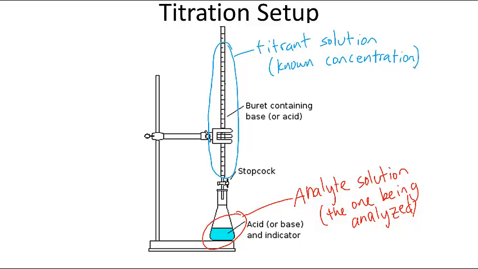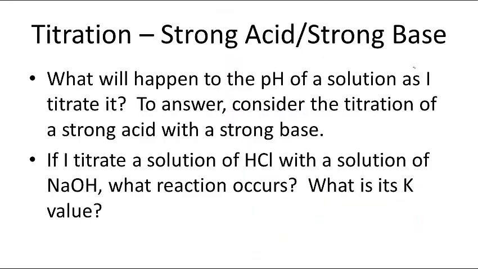All right, so let's do this. This is going to be practice with pH calculations. So the first thing we'll consider is when we titrate a strong acid with a strong base. We want to know what will happen to the pH of the solution as I titrate it.